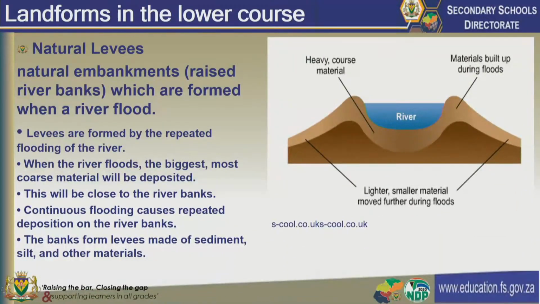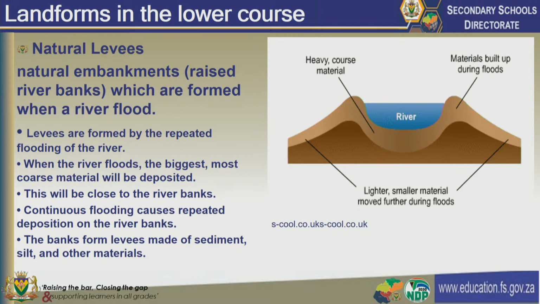Now, let's move on. Now, the next landform that is very important is the natural levees. Now, let me take you back for a while. I said, as a river floods, the heavy material is deposited close to the river banks, and the lighter material is moved further away from the river banks.